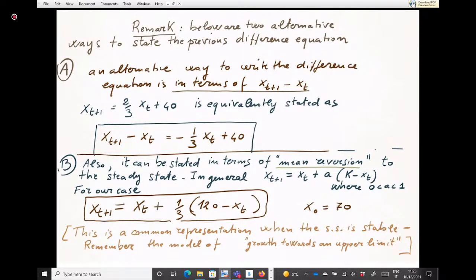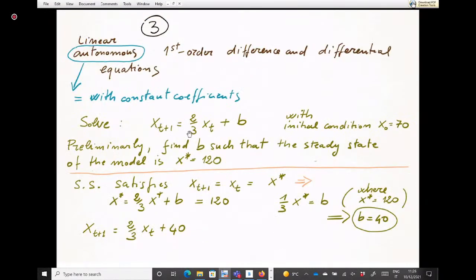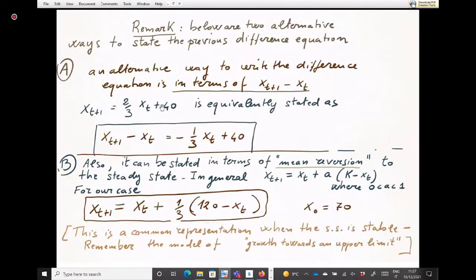Okay, so a remark: below are two alternative ways to state the previous difference equation. In case of difference equations, the same equation can be stated in different ways. We might focus on the next value as a function of the previous value. We might also focus on the change of the variable.